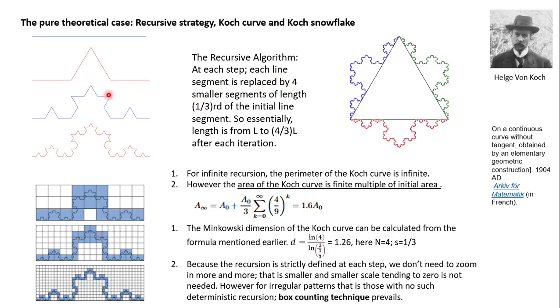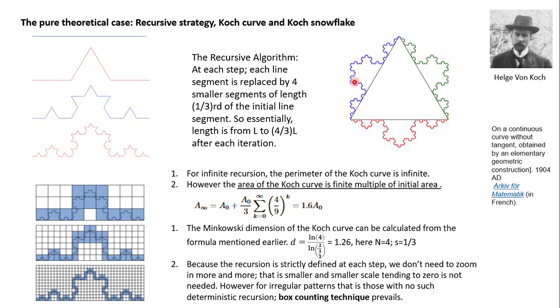So at each step the line is replaced by 4 smaller segments of length 1/3 of the original line. After each iteration, we replace one line segment with four smaller segments of length 1/3 of the initial segment, and just plug it in.